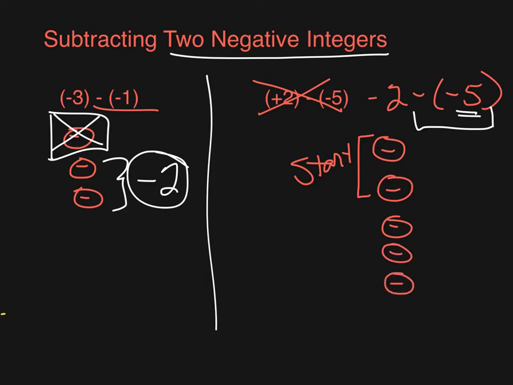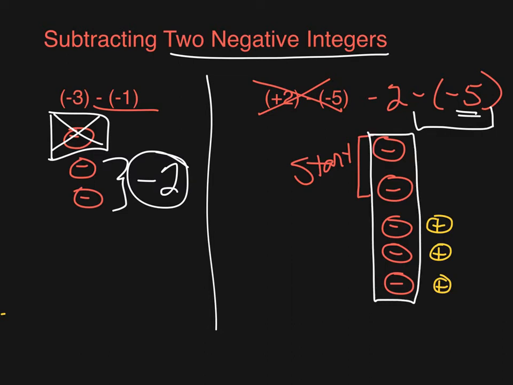Of course, I can't just put negative chips in there. The only thing I can add to a problem and not change it would be 0 pairs. So for each negative chip I put in, I'm going to put a positive chip in. So now I can go ahead and take away. Here's my 5 negative chips. They are gone. I am left with +3 as my answer.